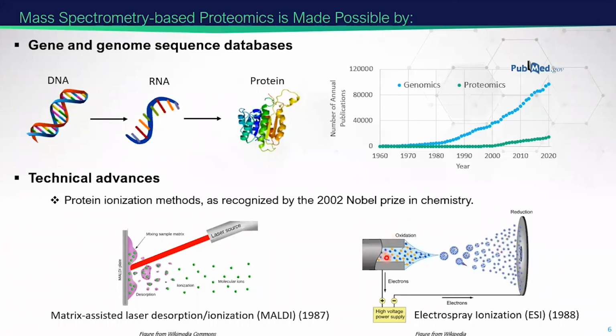Because electrospray ionization uses a liquid form, it is very easy to connect to liquid chromatography, which you can use for high throughput, large scale analysis of peptides or proteins. So this is more widely used in proteomics, while MALDI is mostly used in imaging. Today we are going to focus mainly on electrospray ionization as the interface for mass spectrometry.